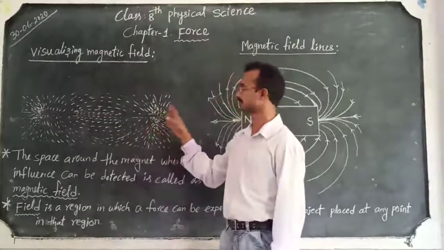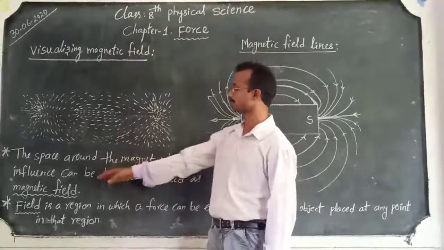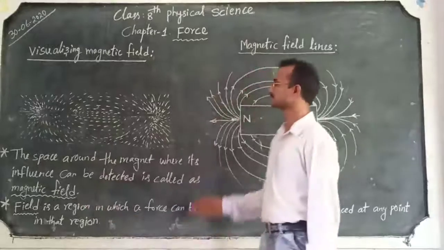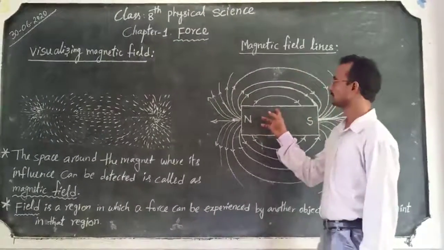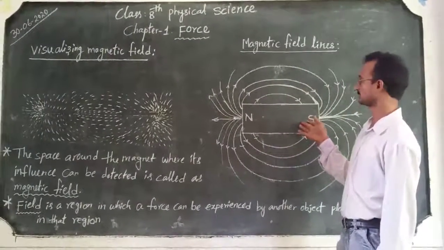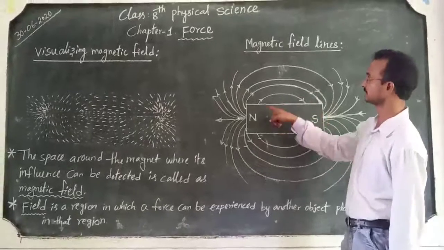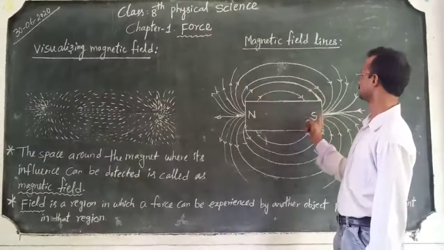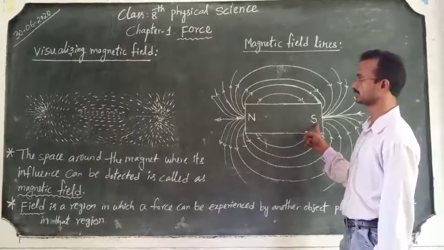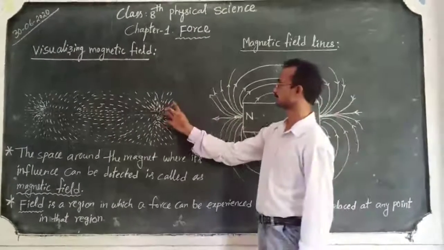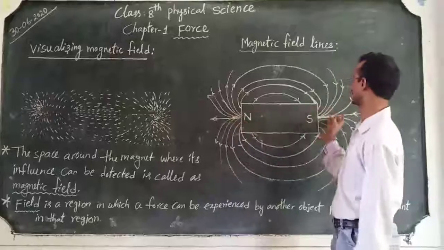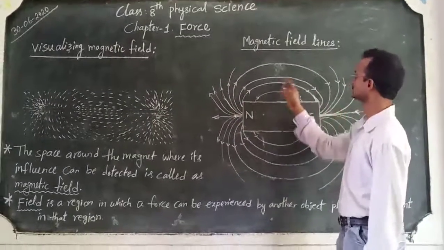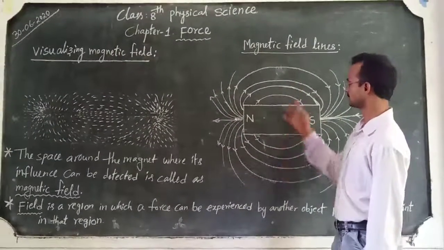These iron filings were arranged like so. The magnetic field lines, imaginarily, we can show like this, as shown in the diagram. These lines are generated from the north pole of the bar magnet and enter into the south pole of the bar magnet. More lines are at the ends, and fewer lines are in the middle.